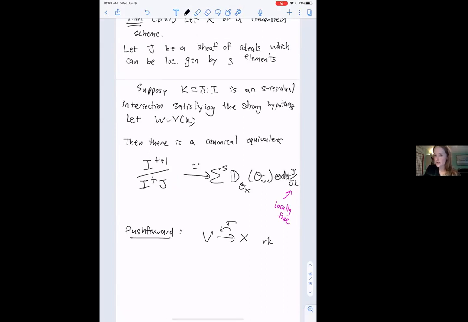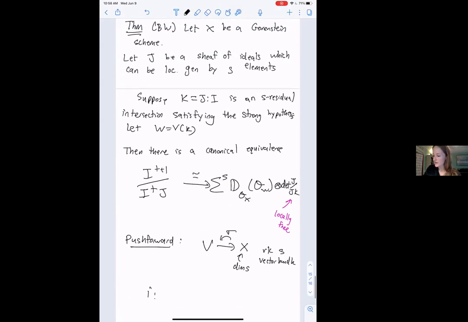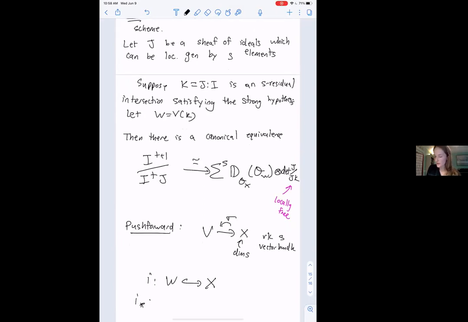So this is a rank S vector bundle, and this is dimension S. And V is the ideal determined by the vanishing of the section. So then, again, satisfying the hypotheses of this theorem, for the residual intersection, we can push forward a perfect pairing.